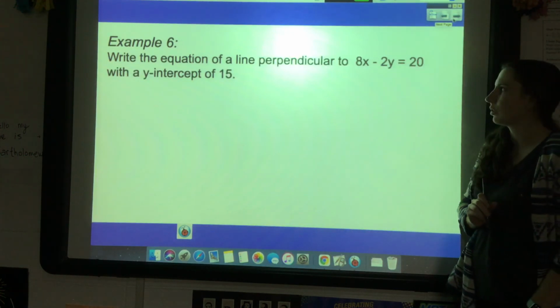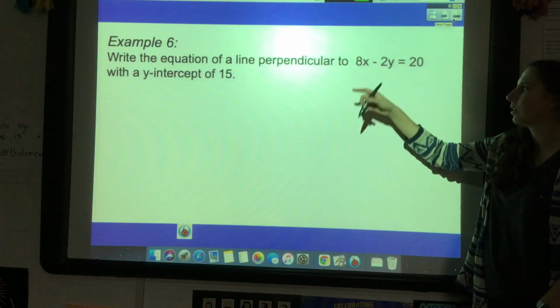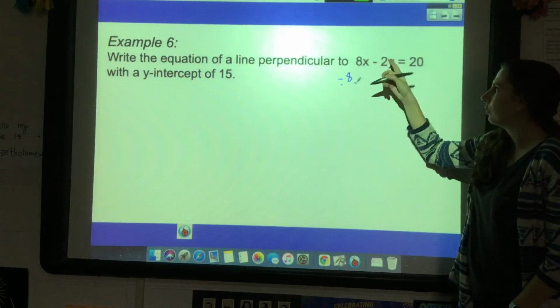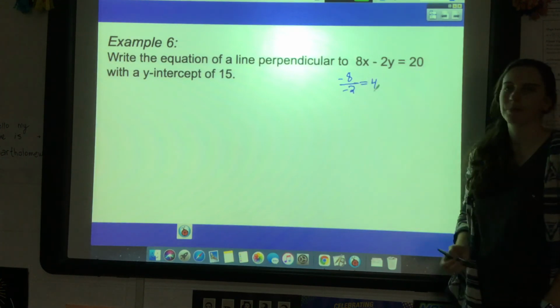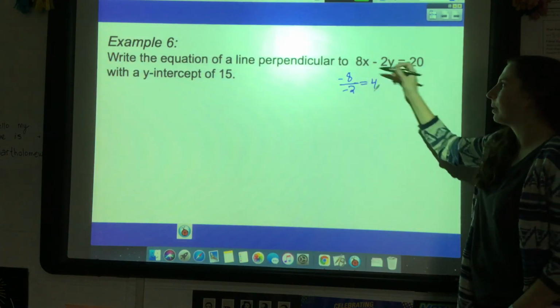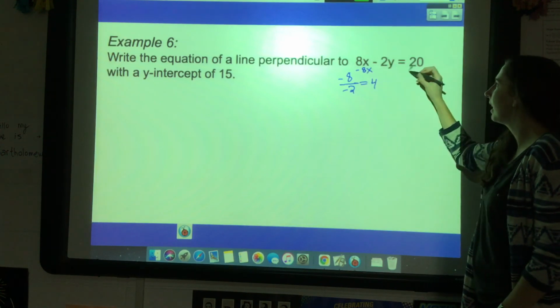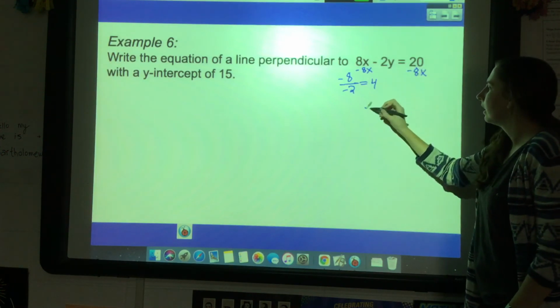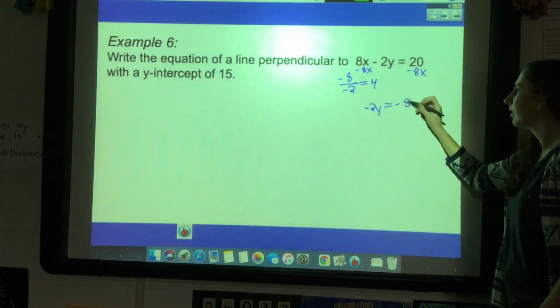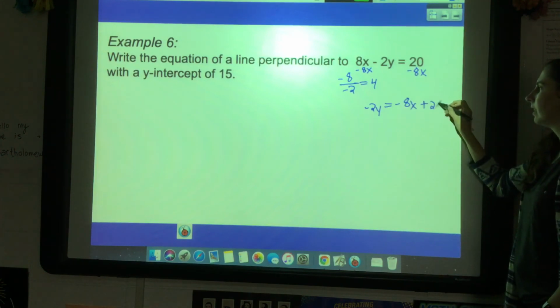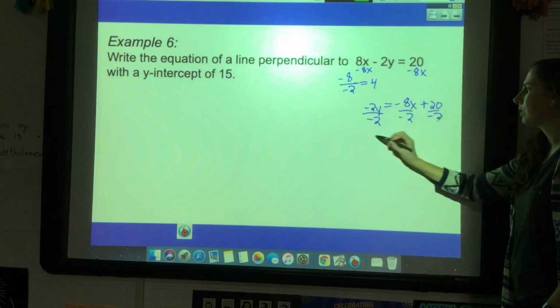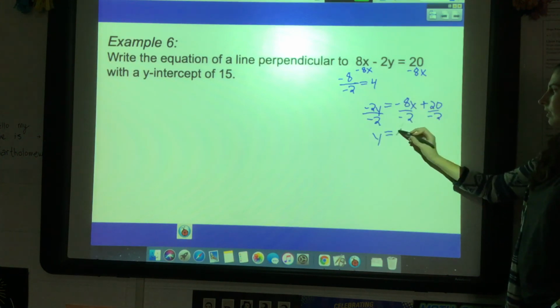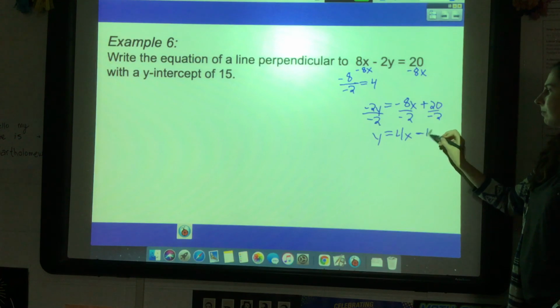If you want to use a little shortcut, the slope of this line would be -8 over -2, which comes out to be 4. If you're not sure about that, just get y by itself. Subtract 8x from both sides, so we get -2y equals -8x plus 20, and then divide by -2, and so y equals 4x minus 10.